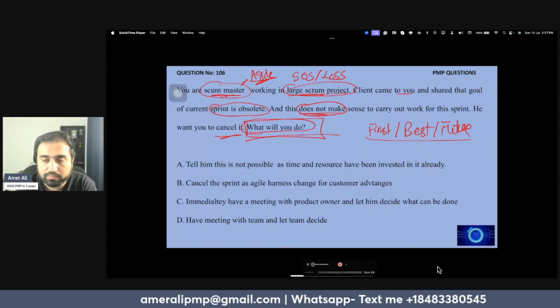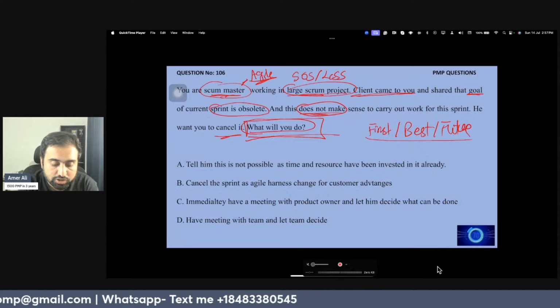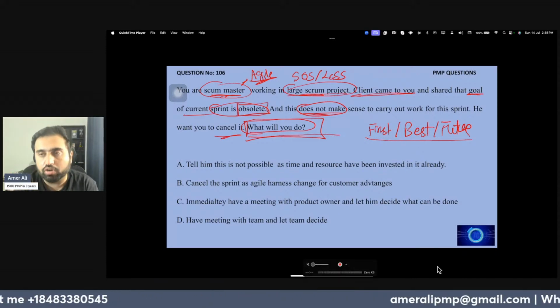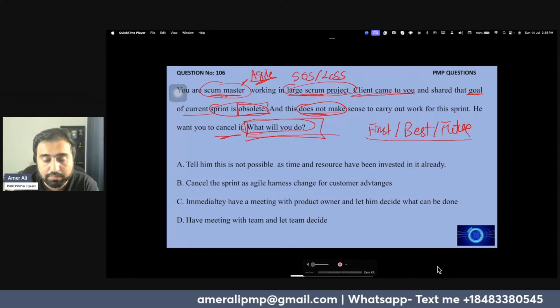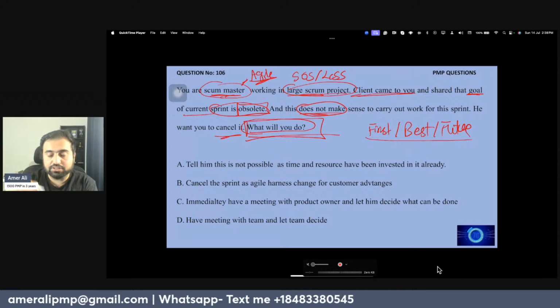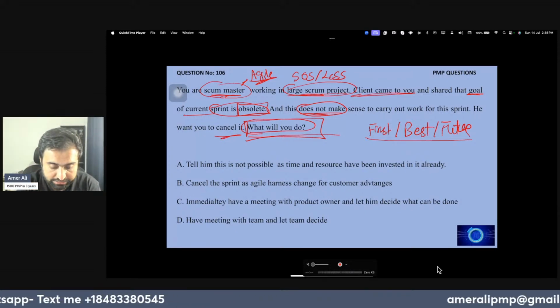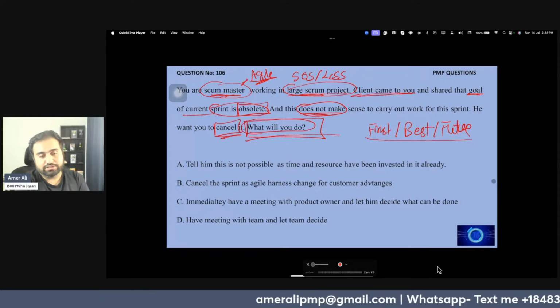Client came to you. You shared that a goal is obsolete. We know customer collaboration over contract negotiation, and we are always providing value to the customer. And he's saying it does not make sense to carry out the sprint, and he wants you to cancel it. You are a Scrum Master.